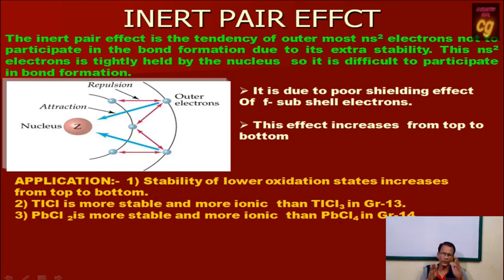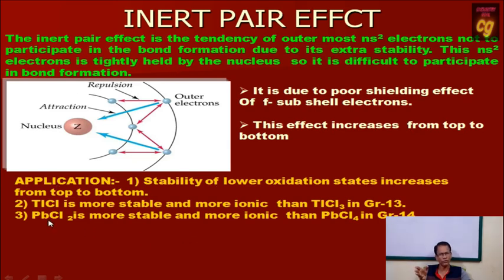When the inert pair effect starts, the stability of the lower oxidation state will be more, because the ns2 electrons do not take part in bond formation. That's why the lower state is more stable. So Tl+1 is more stable than Tl+3, and Pb+2 is more stable than Pb+4. These are very important applications of the inert pair effect.